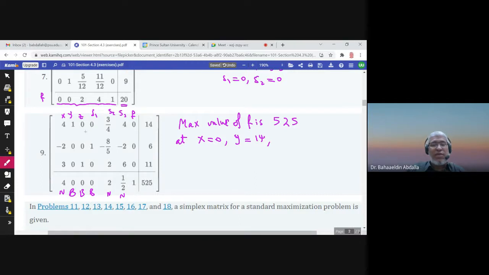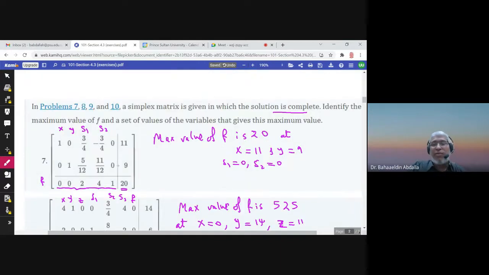Z is basic, and this is the 1, so it's equal to 11. And S1 is basic, and its value is 6. S2 is 0, and S3 is 0. They are non-basic variables.